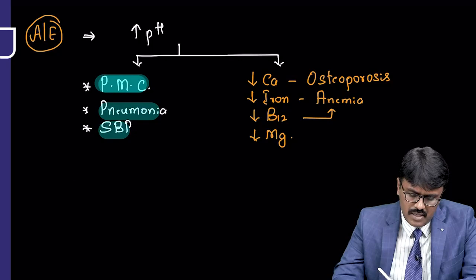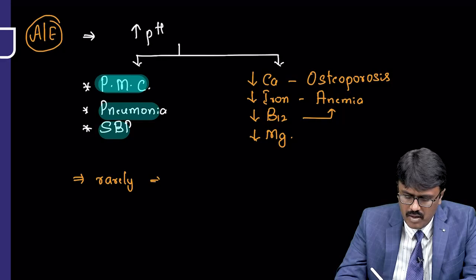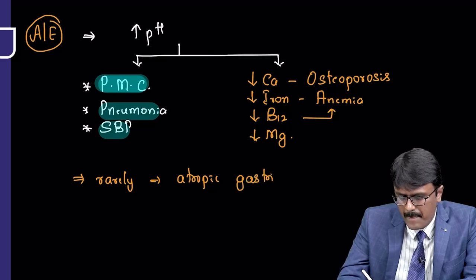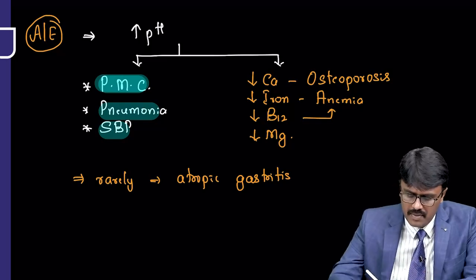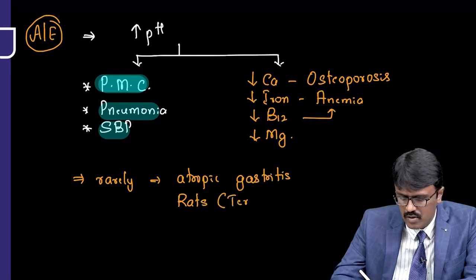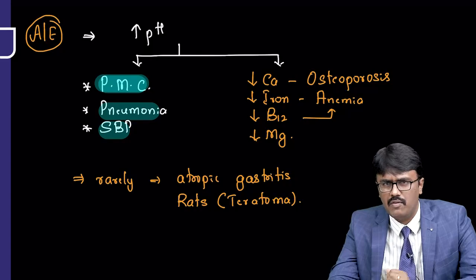Now, very rarely, they can cause a problem called atrophic gastritis. And in animals, for example in rats, they have been shown to produce teratoma. This is one of the studies. Should I be worried about that?